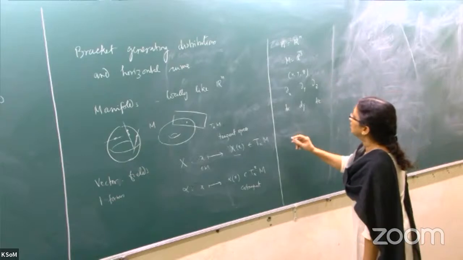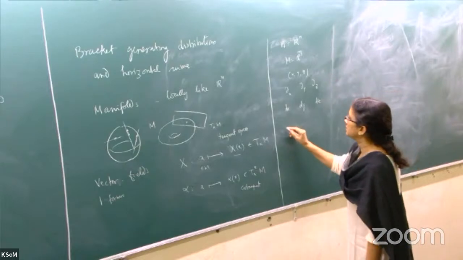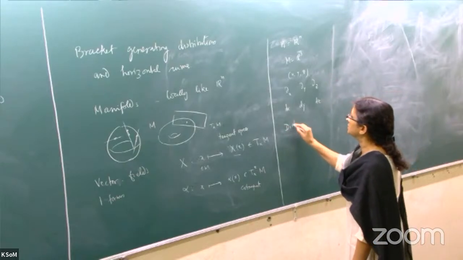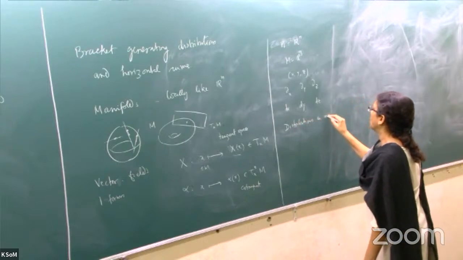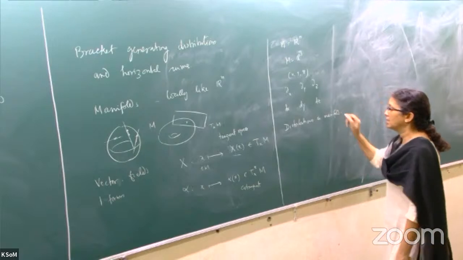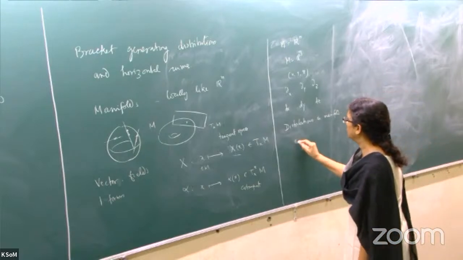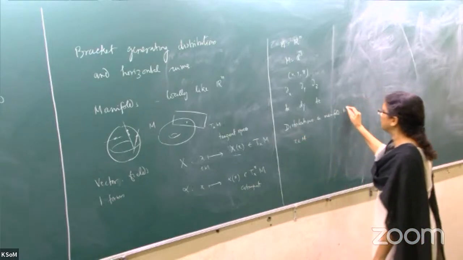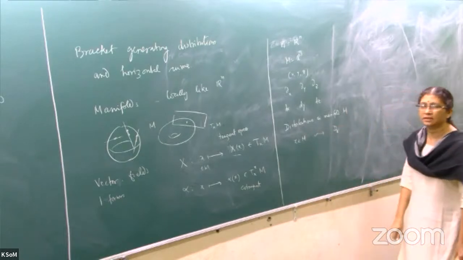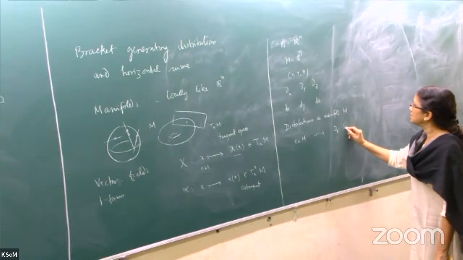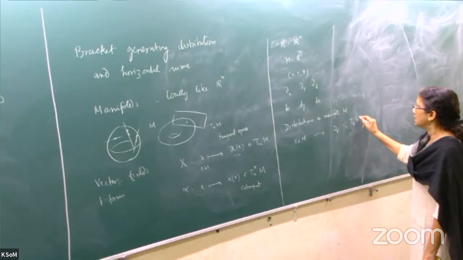Now, what we are interested in are certain distributions, distributions on manifolds. To each point x on a manifold M, we associate a subspace D_x, which is a subspace of the tangent space at that point.